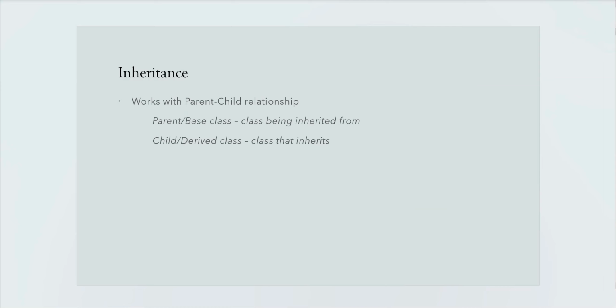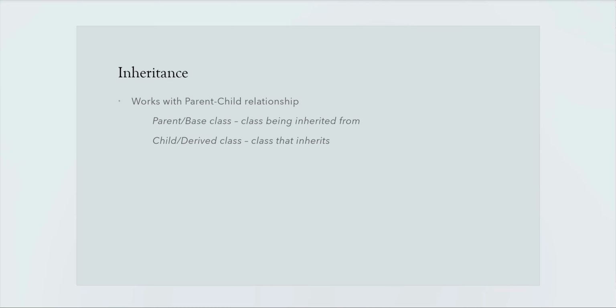The same concept can be applied to Python also. Here inheritance means inheriting properties and methods from another class. So basically here we deal with a parent-child relationship. If you can see on the screen, the parent class, which is also known as the base class, is the one which is being inherited, the one which is giving the methods and the properties.